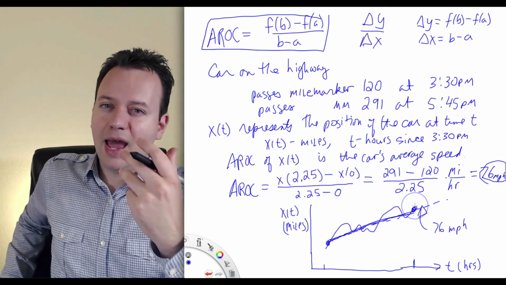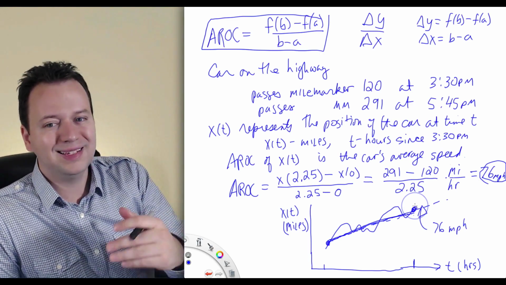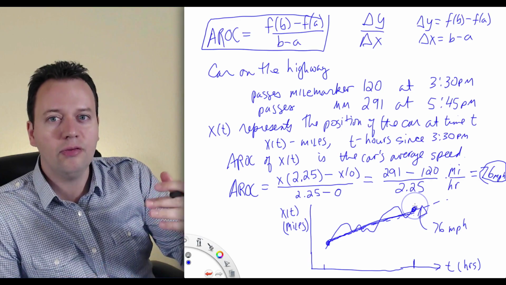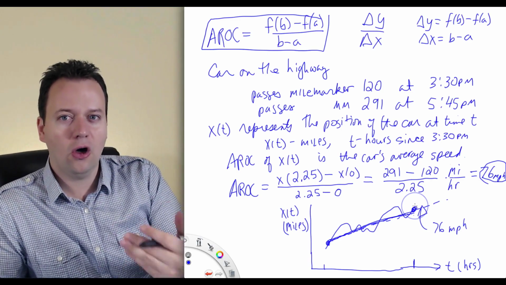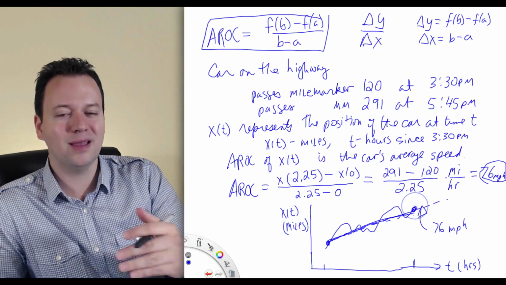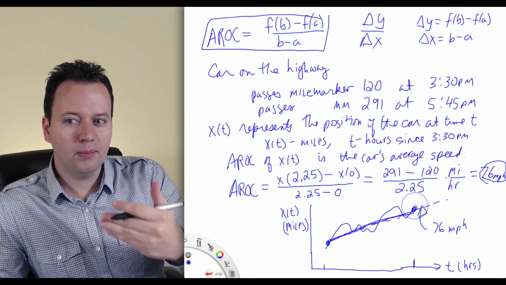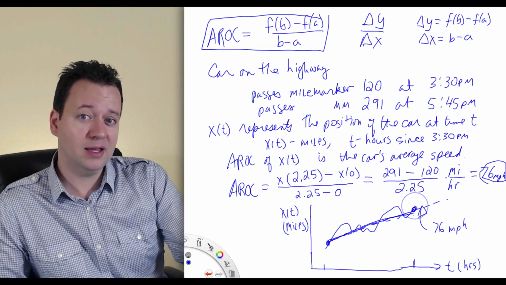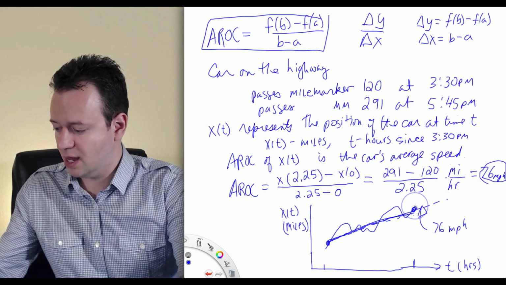So you can see that the average rate of change, what it actually represents is, if instead of doing some crazy up and down thing, you were to actually just change at a constant rate, always changing at the same rate, nothing interesting happening, never speeding up or slowing down, but you still start and stop at the same place, what would that rate be? And that's really what the average rate of change means.